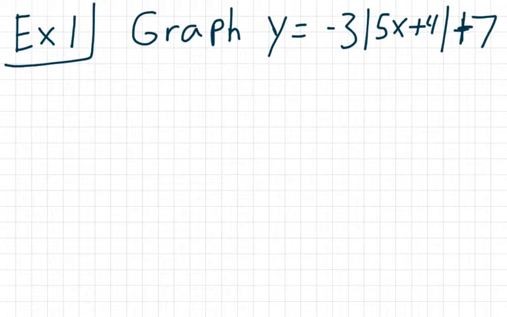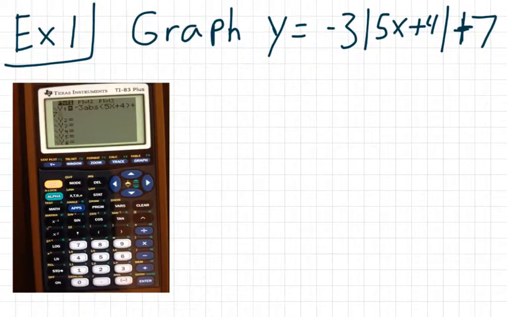Well, first off, you want to graph this function in your calculator to see what it looks like. So when you graph it, you want to type in something like this. So you can see that -3 times the absolute value of 5x plus 4, plus 7 is right here. That ABS stands for absolute value. So you don't actually get the bars on your screen, but this is what that means.